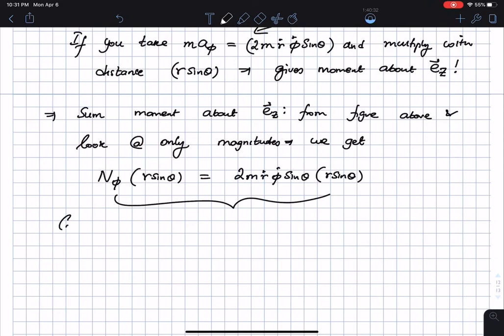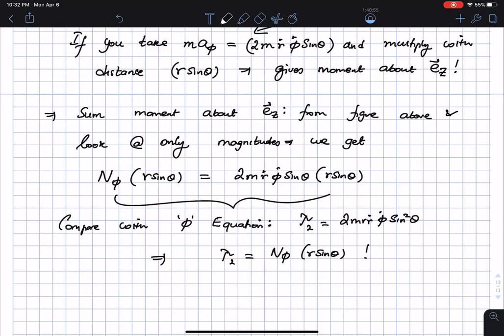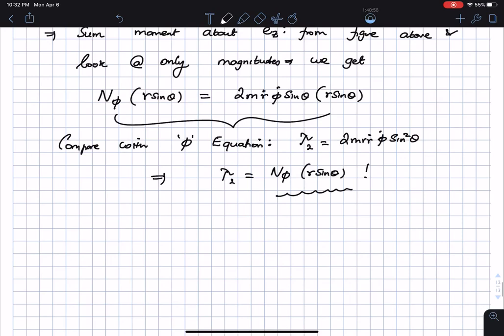And you compare with the phi equation, which is lambda 2 is 2m r dot phi dot sine square theta. Then this tells us that lambda 2 is actually n phi times r sine theta. And so solving for n phi, we get this to be 2 times m times r dot times phi dot times sine theta.